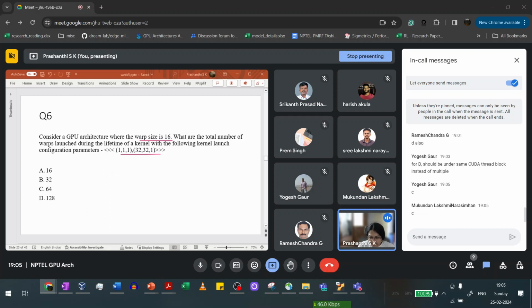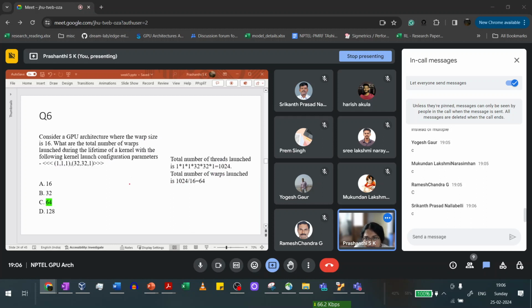Here one answer C, one more answer C, okay. Anyone else? Okay, one more saying C. Anyone else? C, okay. This one seems to be fairly straightforward. So yes, let's go through the answer. It is C, 64. So let's see why.